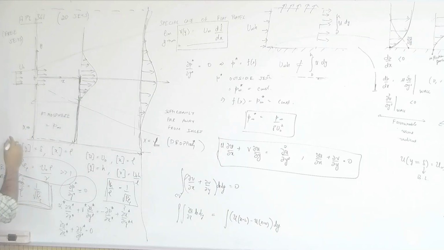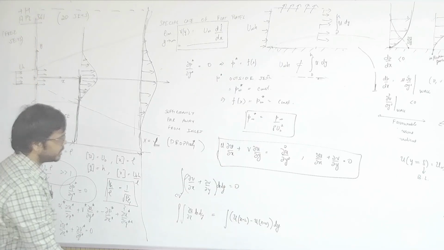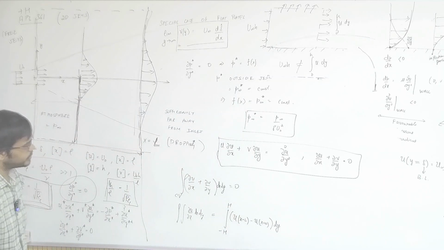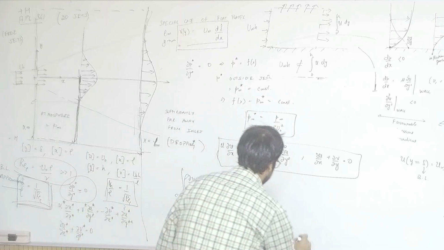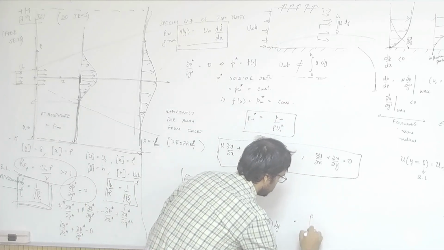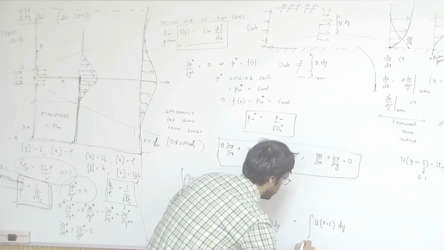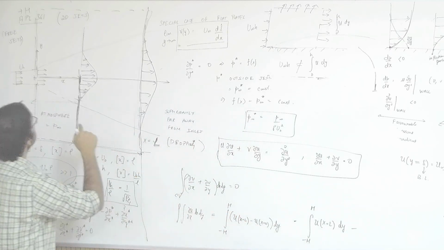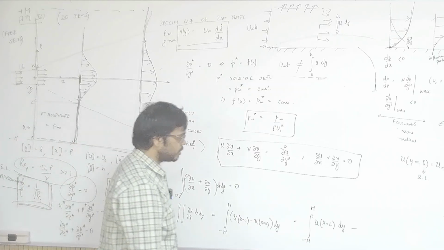And let us say the limits are from minus capital H to plus capital H. So the integral is u at x equal to L dy from minus h to h. What is u at x equal to 0? It is just u naught from minus h by 2 to h by 2, and it is 0 everywhere else.